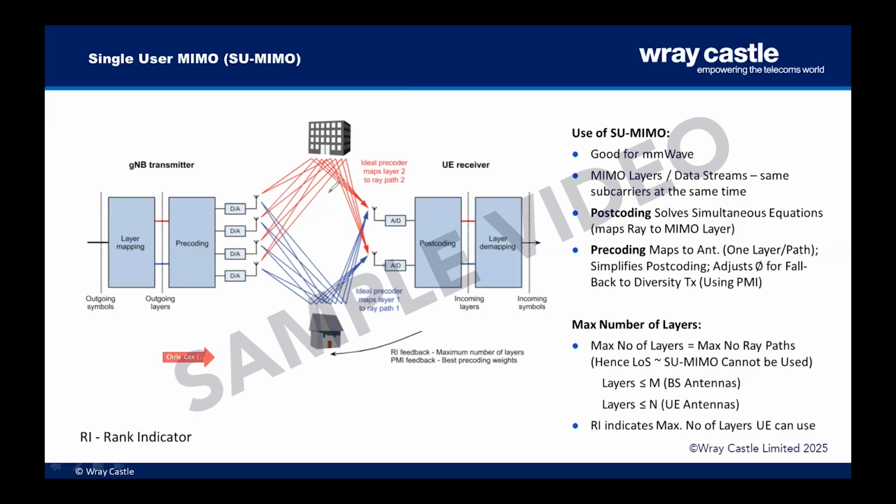I guess in this diagram, we should assume that there is no direct ray, so there is some sort of an obstruction saying nothing direct is going to get across. And we then have two separate ray paths available from these two different building reflections here. And we are going to map one layer to each ray path. The red layer is getting mapped to the red ray path, and the blue layer is getting mapped to the blue ray path.